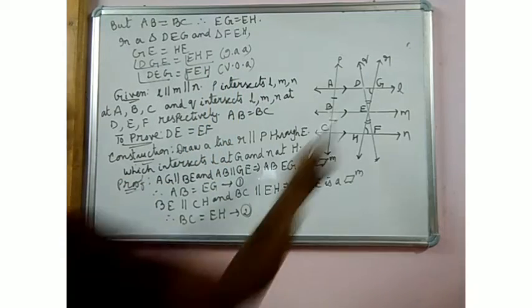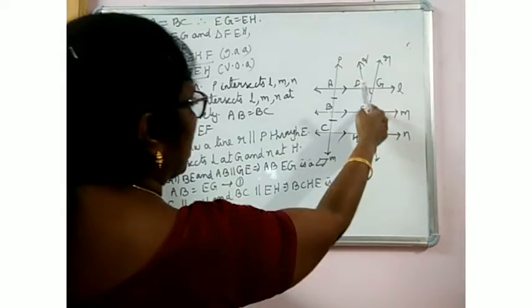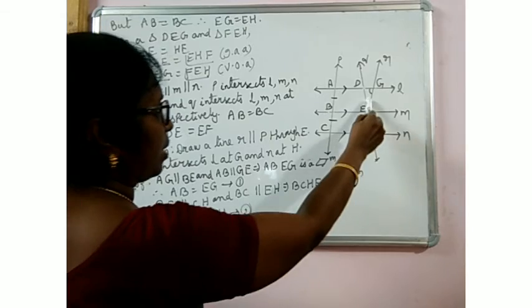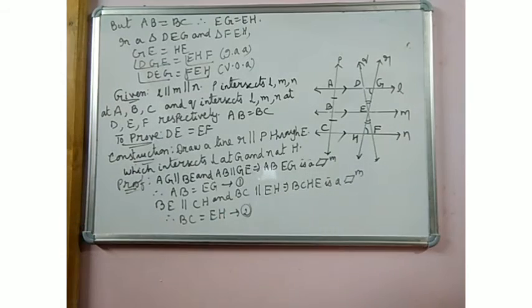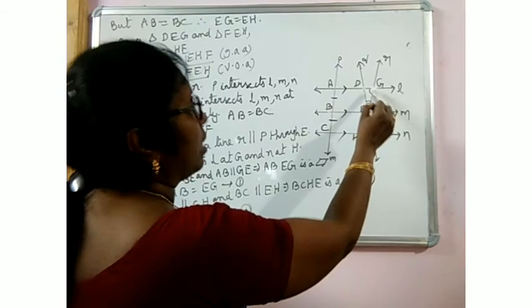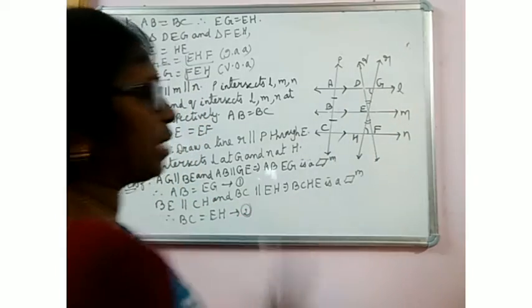So in these two triangles, ZE is equal to EH, this angle is equal to this angle, and this angle is equal to this angle. So these two triangles are congruent under the ASA condition.